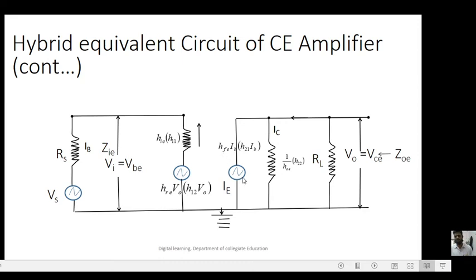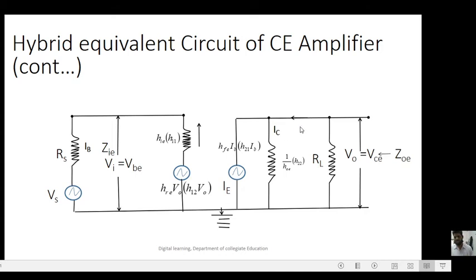Here IE is the emitter current. We can recall that the emitter current flows from the emitter to the ground. So HFE IB, instead we can write H21 IB.